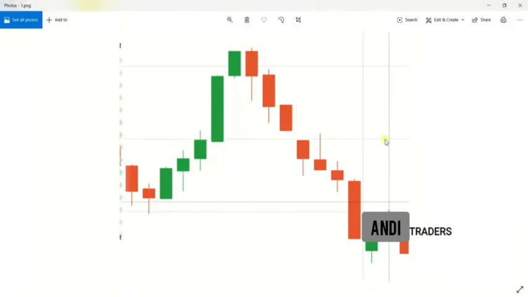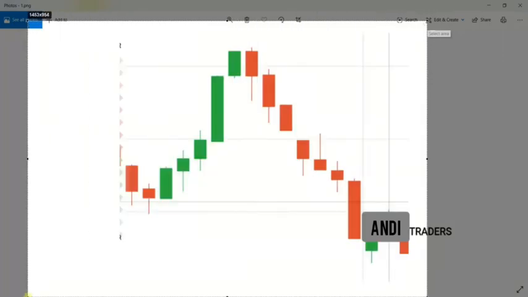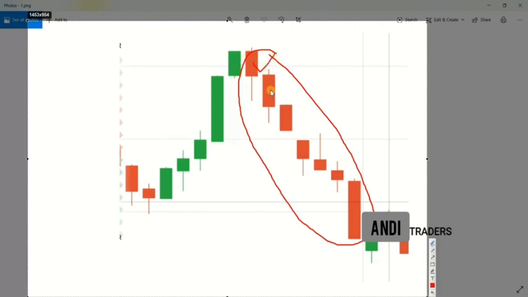But sometimes, this is a good example, you can see the market is making these beautiful red candles, and you think about how we can identify this movement in the market, because by following this you can make so much profit.